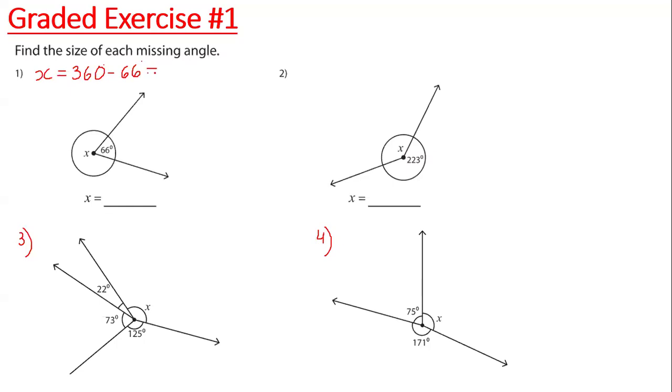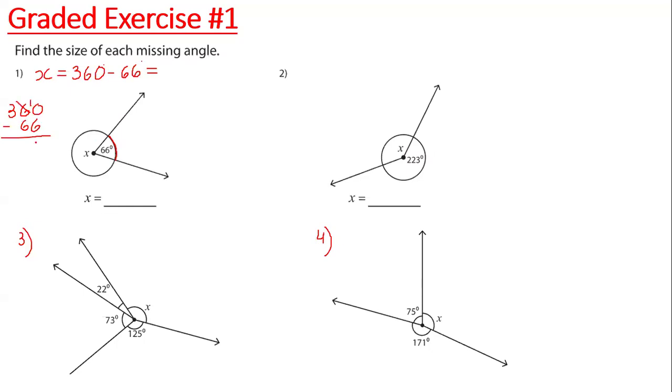You subtract 66 from 360 and that equals 294. Yeah, 294. So you just subtract 360 minus 66, because it's only one angle, right? So you subtract 360 minus 66. And when we subtract them, what do we get?